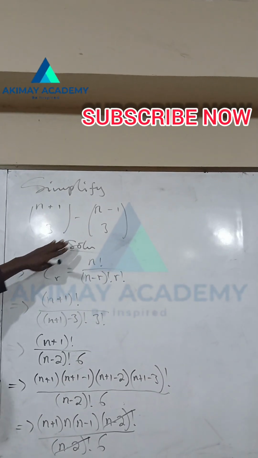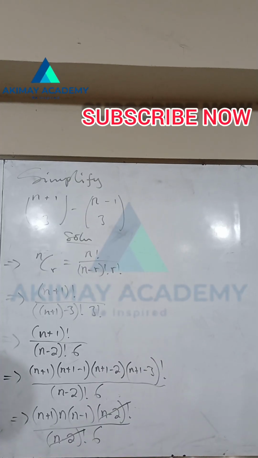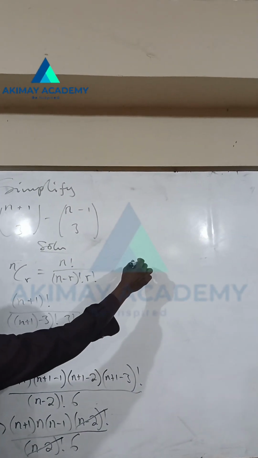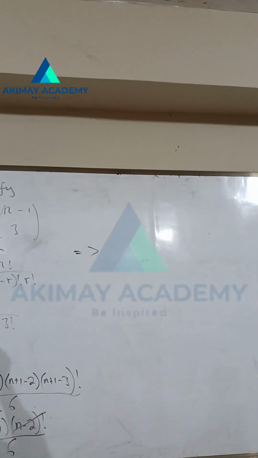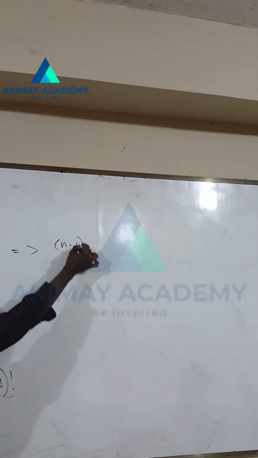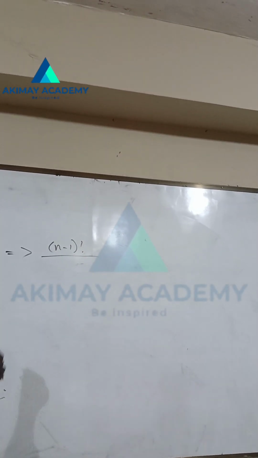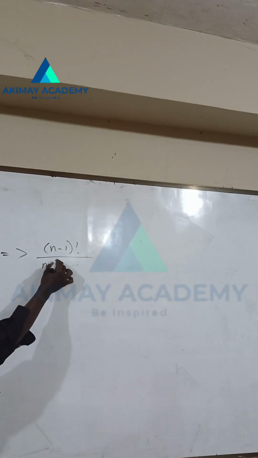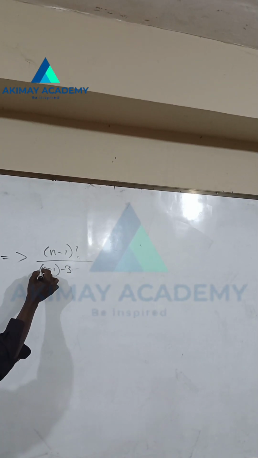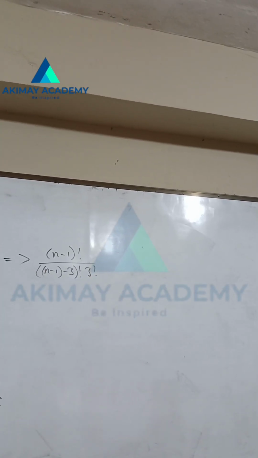So let's take the second part over here and deal with it and see what we are going to do. So in the same manner, with the same formula, we are going to have n minus 1 factorial out of n minus 1 minus 3 all factorial 3 factorial.